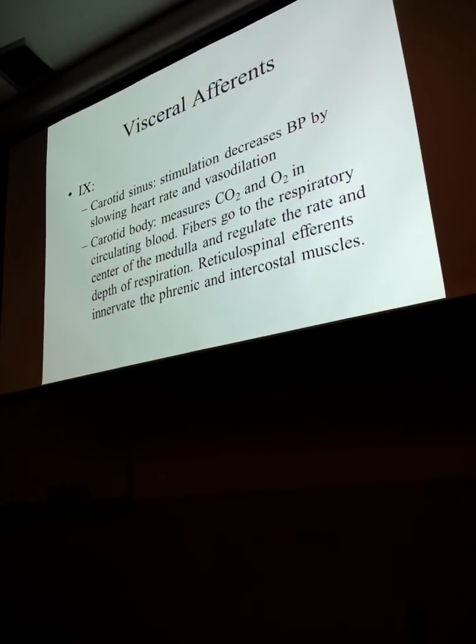The ninth nerve, additionally, so we talked about the ninth nerve going to innervate the back of the tongue and some of the pharyngeal muscles, but it goes to two other places which are really important. One is the carotid sinus, which helps to regulate your blood pressure. It's a blood pressure sensor, and so we talk about negative feedback loops.